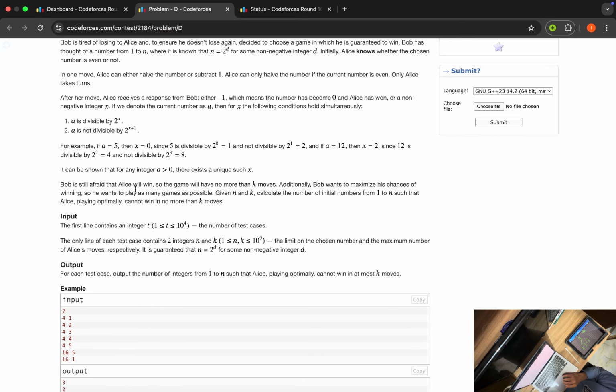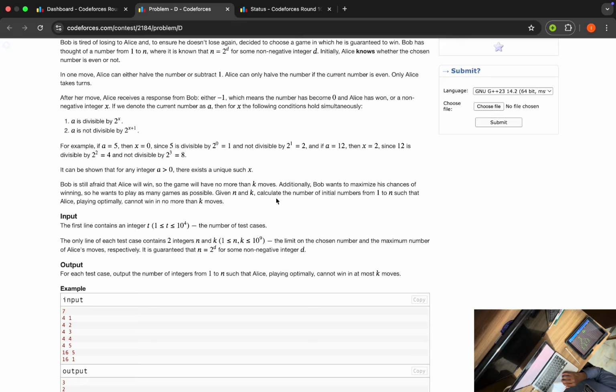Bob is still afraid that Alice will win, so the game will have no more than k moves. Additionally, Bob wants to maximize his chance of winning, so he wants to play as many moves as possible.